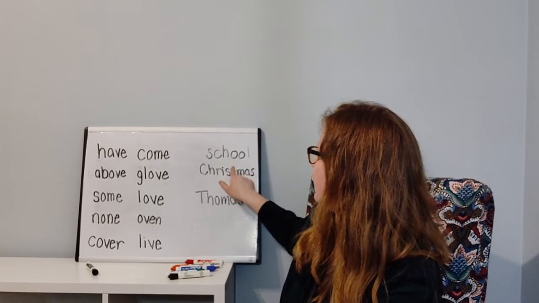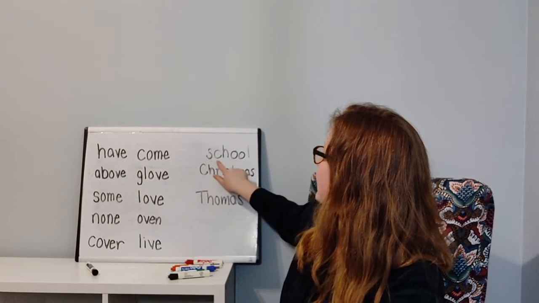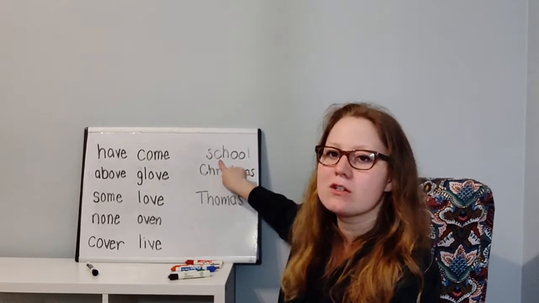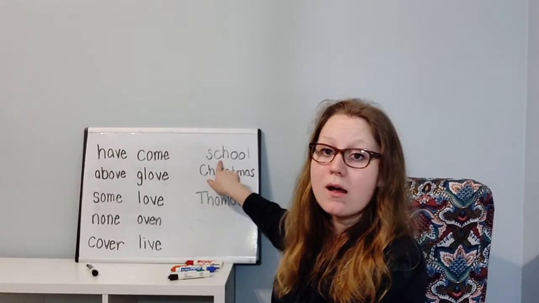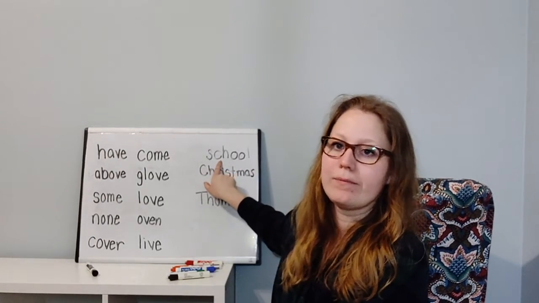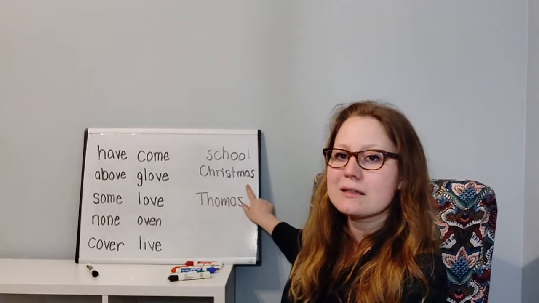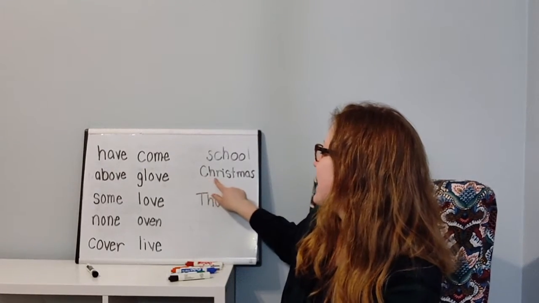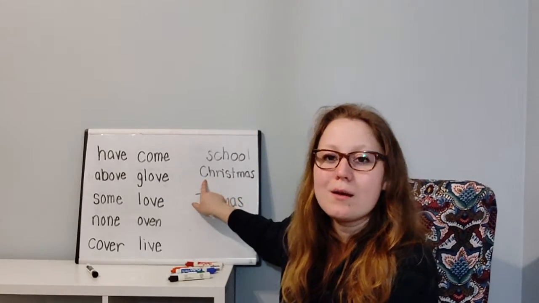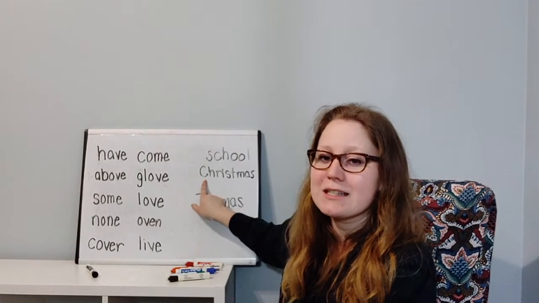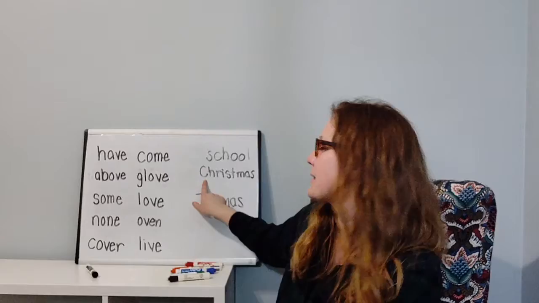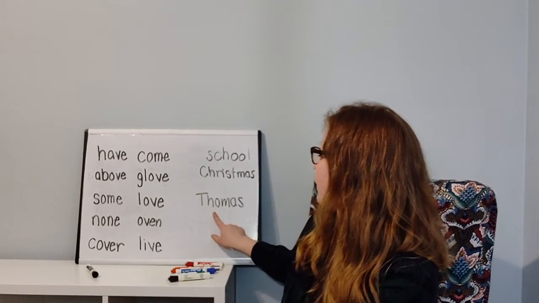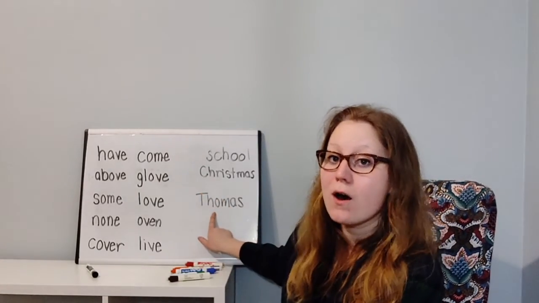School is one of them. We see CH in the word, but we read this word as "school," not "stool." Another example is Christmas. We see a CH in the word, but we don't read Christmas as "chrismas." We say "Christmas." And the last one is Thomas.